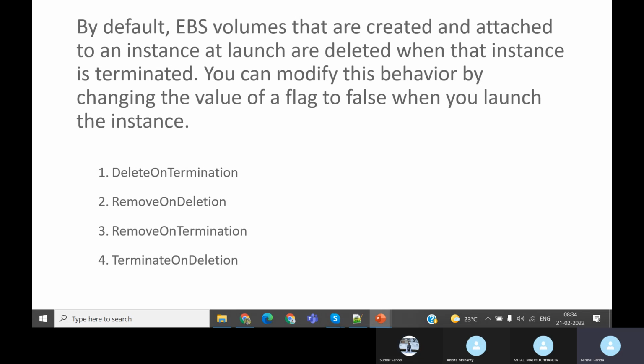The options are delete on termination, remove on deletion, remove on termination, and terminate on deletion. These seem equal, right? But you have to choose the perfect option. Delete on termination.